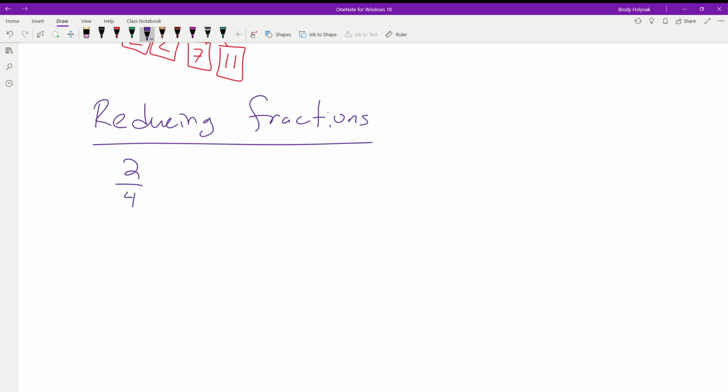What does that reduce down to? 1/2. Okay. The other way we can look at it, if this wasn't quite nearly as obvious, is we break it up into its prime factors. Okay. We have 2. We have 2 times 2.